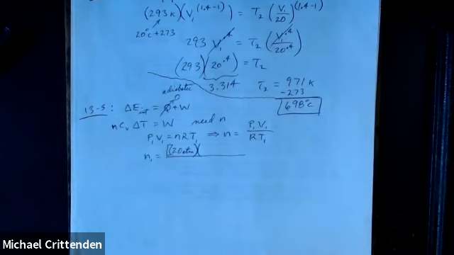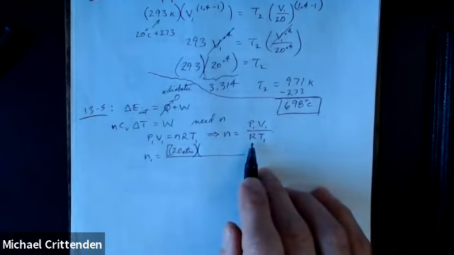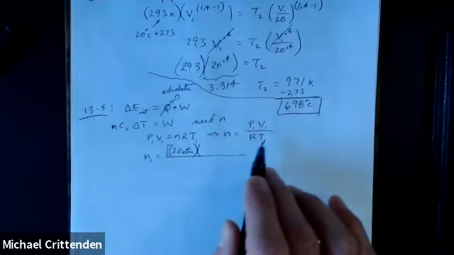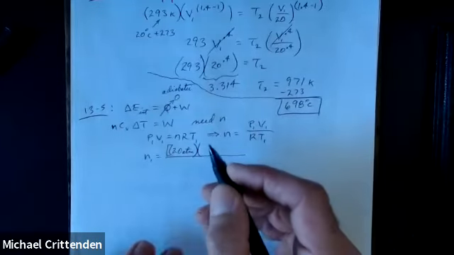Atmospheres is not going to fit in with the units on the other numbers around it, like the gas law constant here. There's probably some handbook where you can look up a value for the gas law constant that's based on atmospheres instead of pascals. But the value you find on your formula sheet, 8.314, that's in SI units. So everything else around it's got to be SI units also.